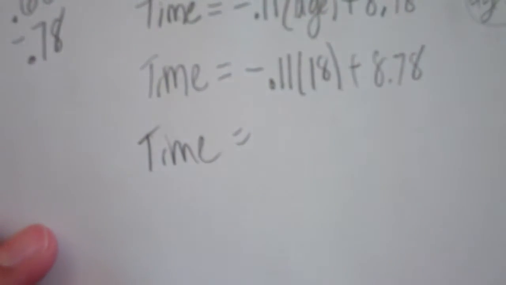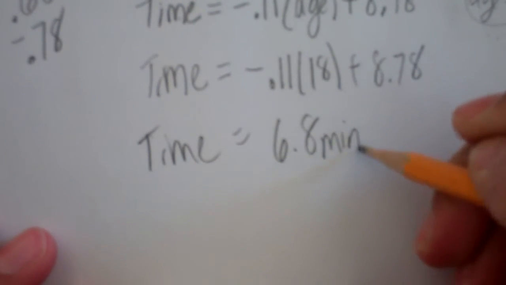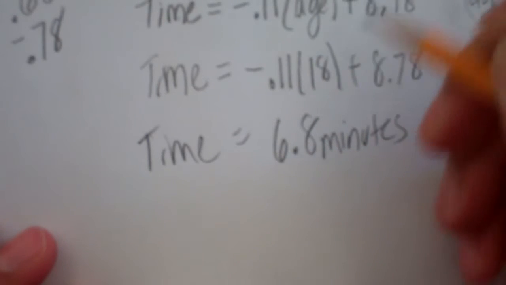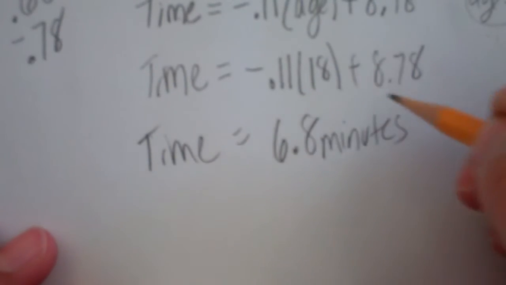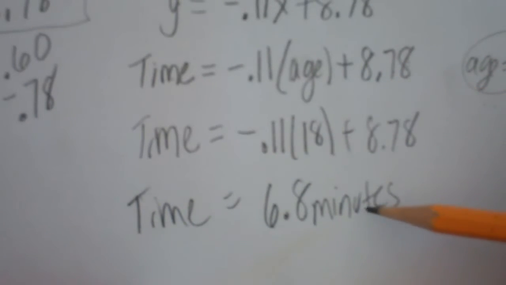Time equals, in my calculator, -0.11 times 18 plus 8.78, and I get a time of 6.8 minutes. So if you're 18 years old, based upon this regression line right here, it's going to take you 6.8 minutes.